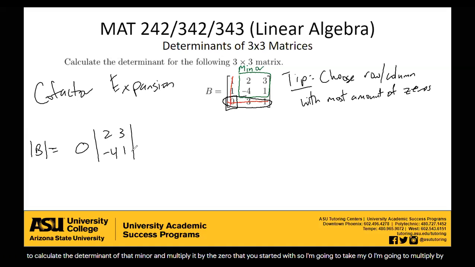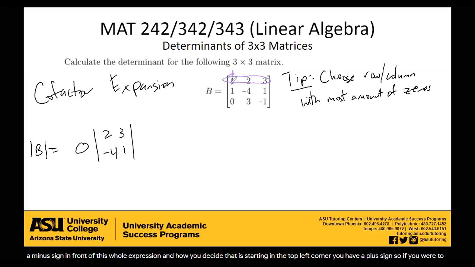And then you have one more thing you have to do before moving on, which is to decide what sign you're working with. Is there going to be a plus or a minus sign in front of this whole expression? How you decide that is, starting in the top left corner, you have a plus sign. So if you were doing this cofactor expansion off of the first row or first column, and you're starting with this 1, the sign in front of it would be a plus.